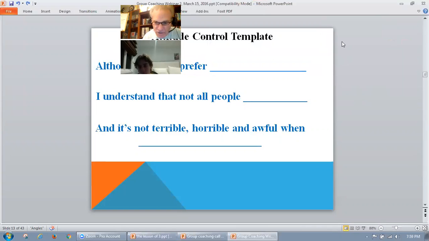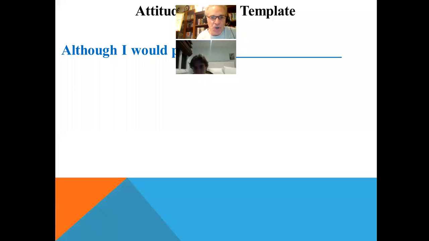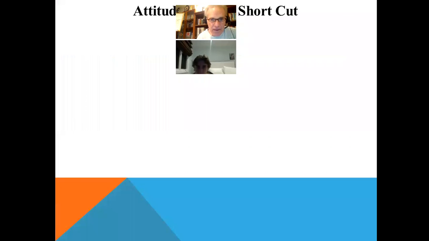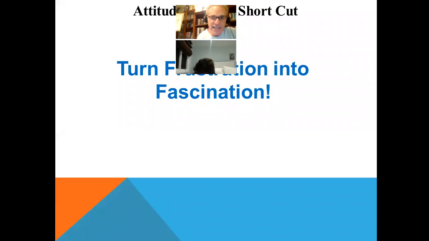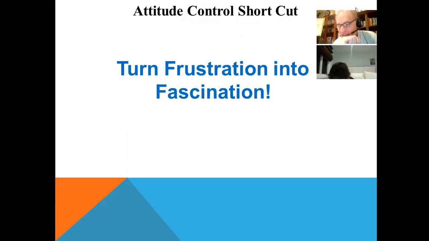And so here's a shortcut. You ready for the shortcut? This is all you need to remember. Turn frustration into fascination. That's it. Isn't it fascinating that your coach has an orientation about what's best for this superstar rather than for the team?